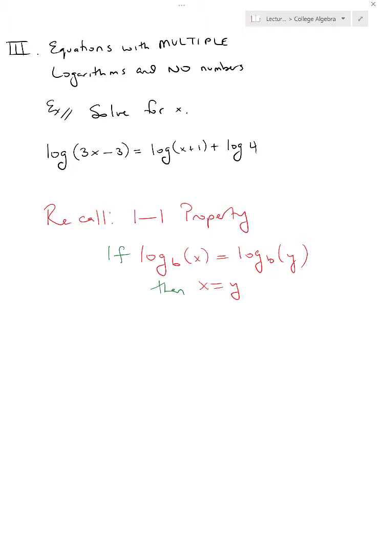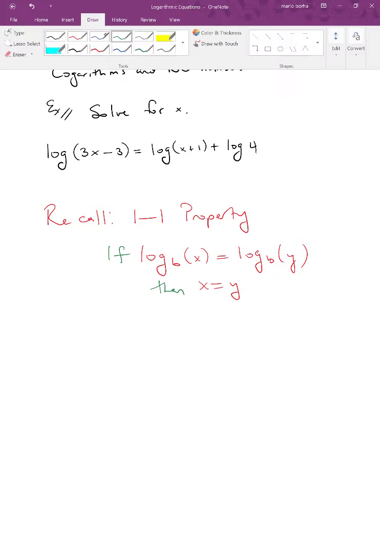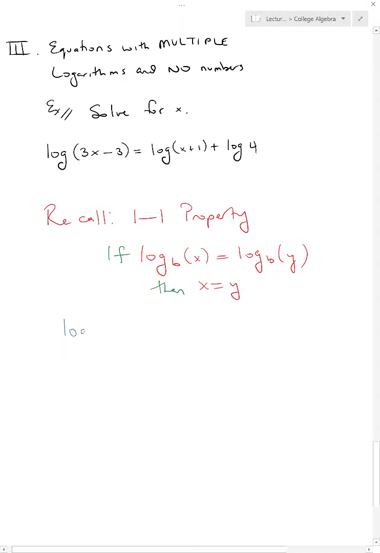So notice what we have in our equation above. We have log of 3x minus 3, and that's one log, but we don't have one log on the other side. We have log of x plus 1 plus log of 4. Because we have multiple logarithms, we should always have those properties in the back of our mind.